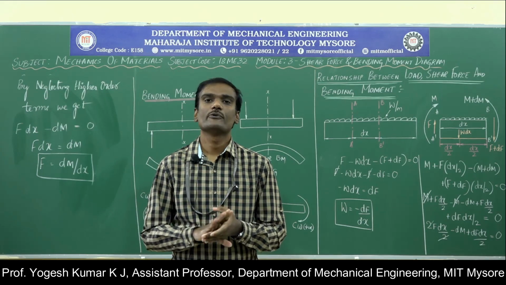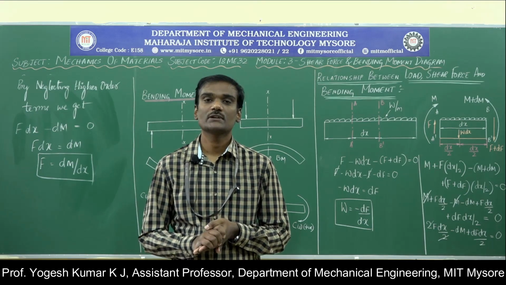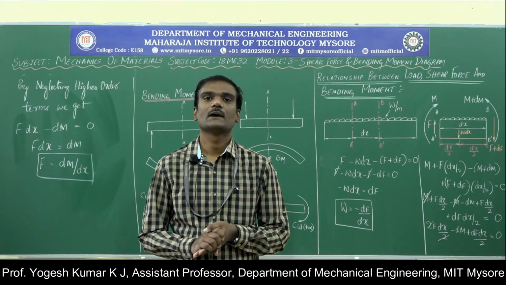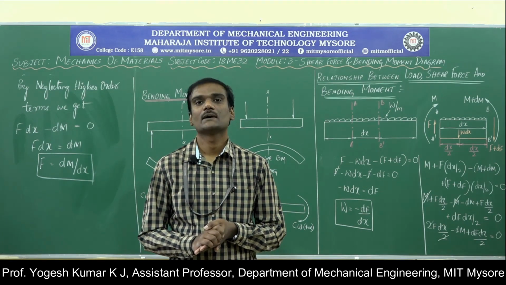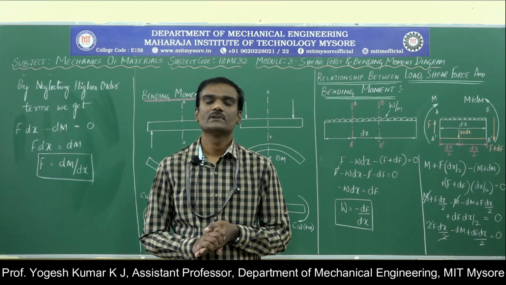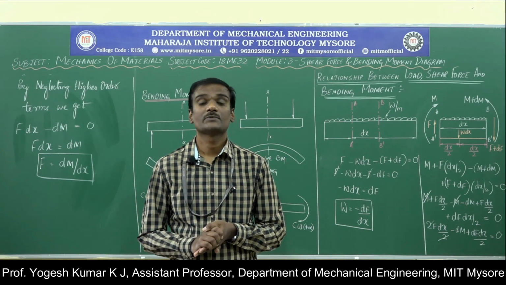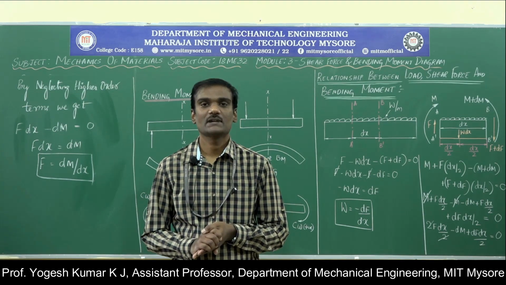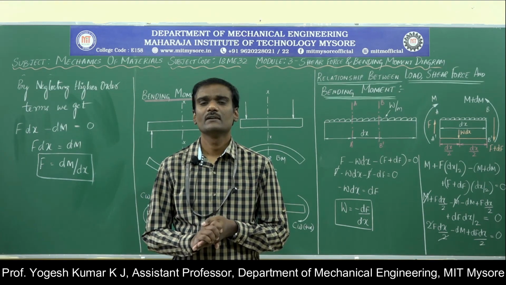So in this module, we will be getting a 20 marks question, with 6 marks for this, or you may expect a theory question like define a beam and explain different types of beams with neat sketch.